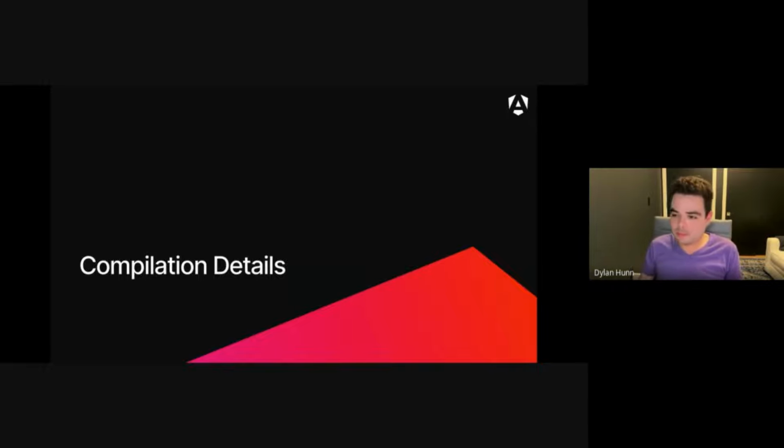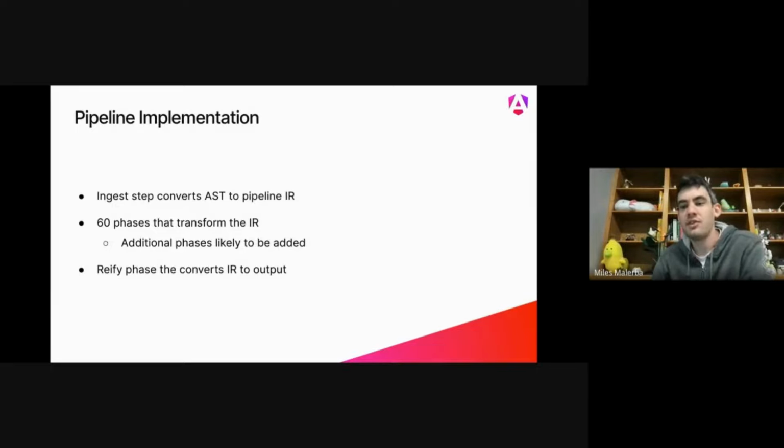Yeah, sure, thanks. As you heard Dylan talking about, we have this pipeline now that's made up of these different ops. The intermediate representation is basically a linked list of these ops. Then we have a whole bunch of different phases that rearrange or modify these ops in some way.